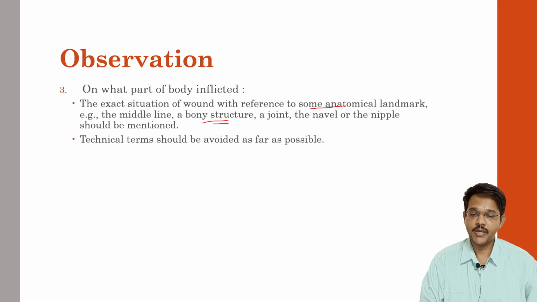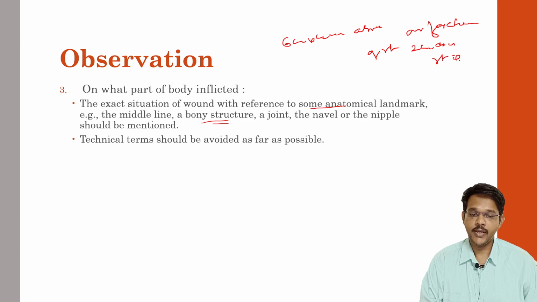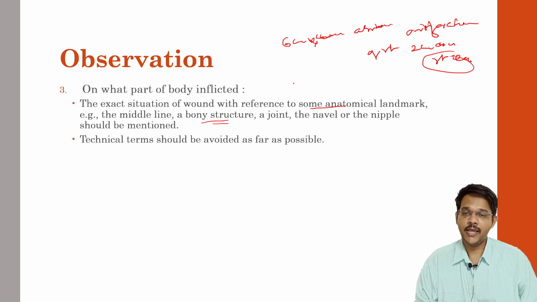For example, there is a 6 centimeter by 4 centimeter abrasion on the right side of the forehead, about 2 centimeter above the right eyebrow. That is how you can write it. The right eyebrow is the landmark, so the exact position of the wound is known.